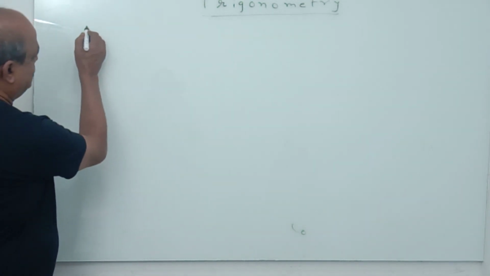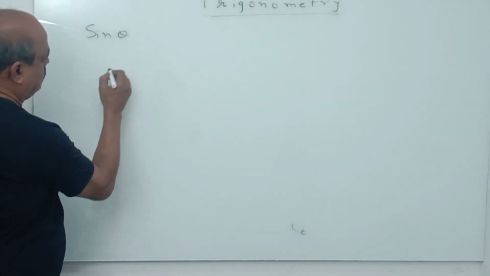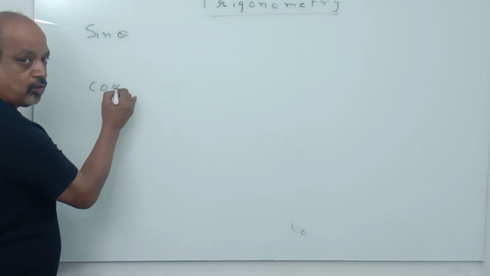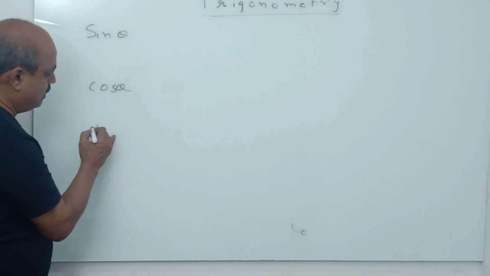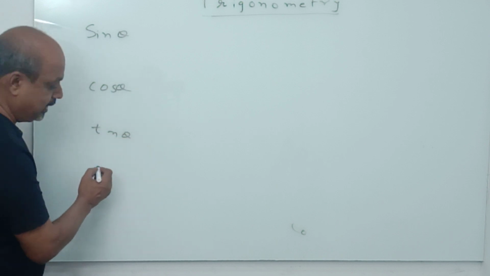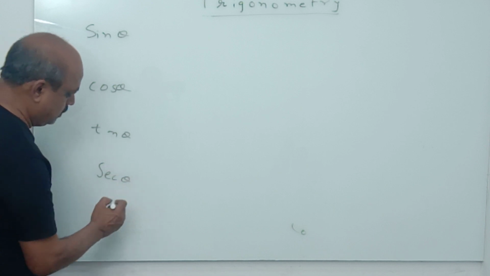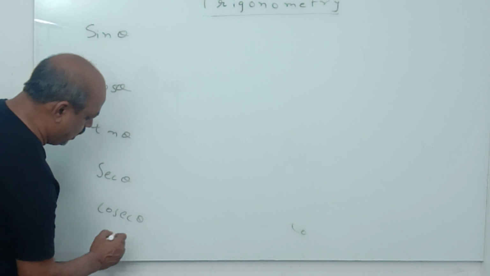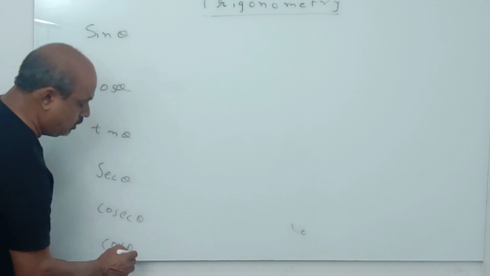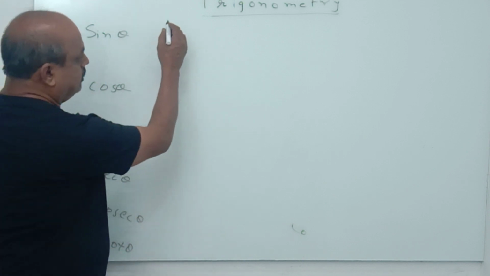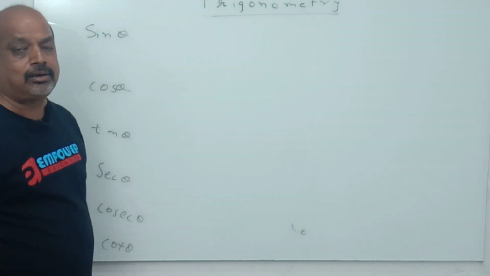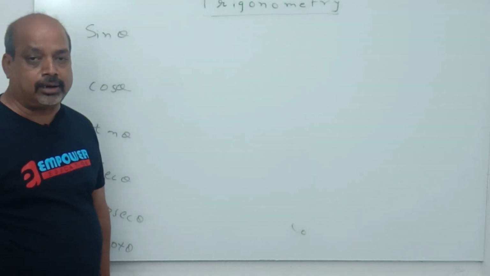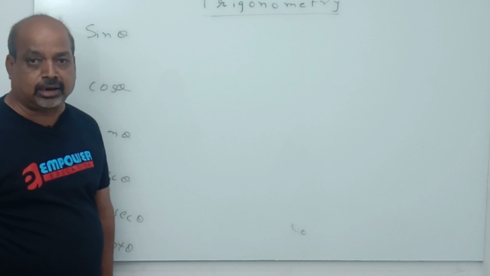First is sine theta, then cos theta, then tan theta, then sec theta, cosec theta and cot theta. For 9th and 10th standard, trigonometry is applicable only up to a right angle triangle.